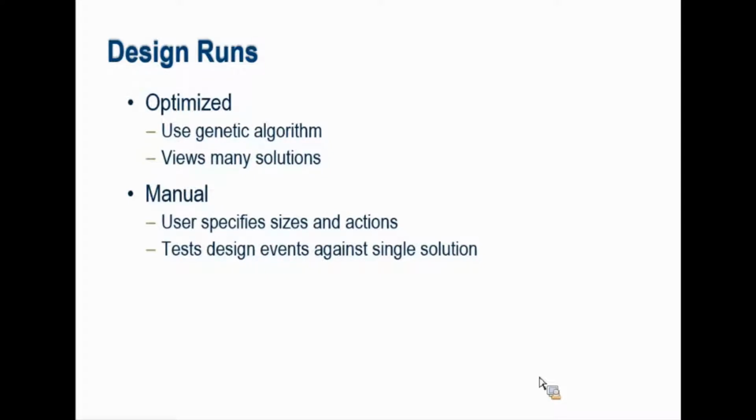But with Darwin, it provides you a real quick way to see all of the solutions. Maybe you actually want to run a quick manual process just to see ballpark for the costs of the pipes. You know, you're not quite sure. You know it's going to be a general range, so you just set everything to 10-inch. It could be 8 and 12s mixed up somewhere in there, but you just want to see what the general cost is. So that might be a reason you might want to run the manual version of Darwin Designer.